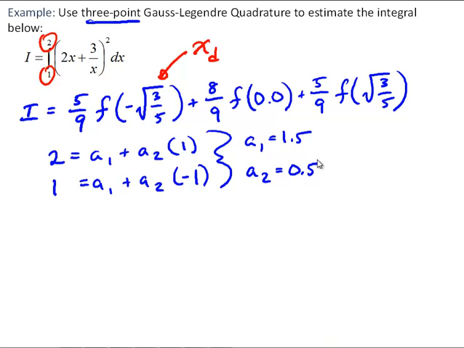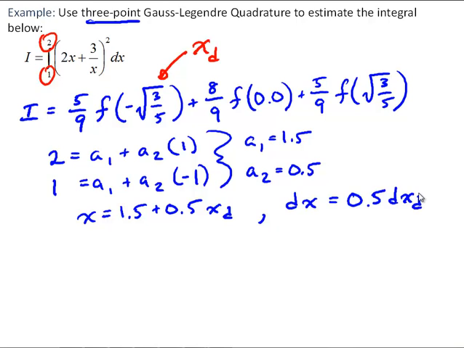And then, so now we know that x is equal to 1.5 plus 0.5 xd. Now, similar to when you do a u substitution in calculus, we also need to calculate what we're going to substitute for dx. And so we see dx is equal to 0.5 dxd. So we'll plug those back in as our integrand.